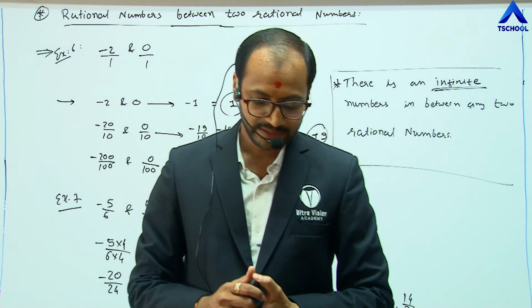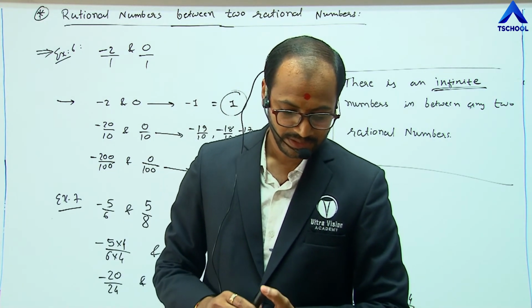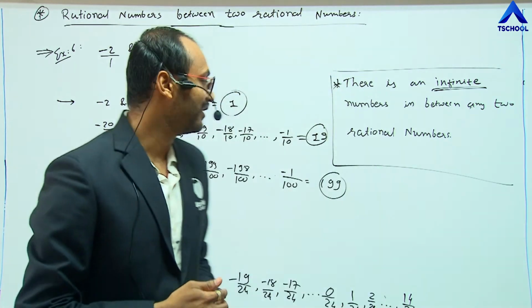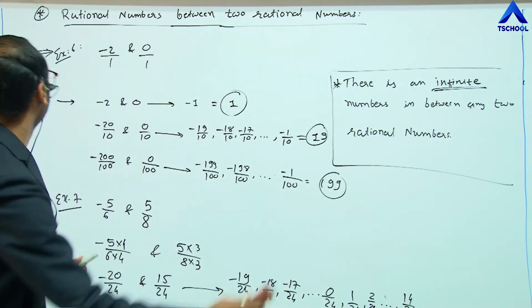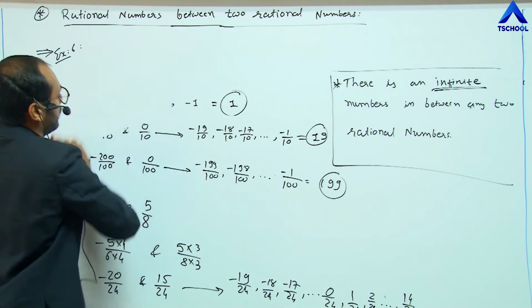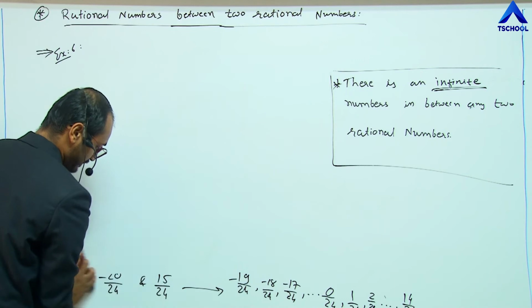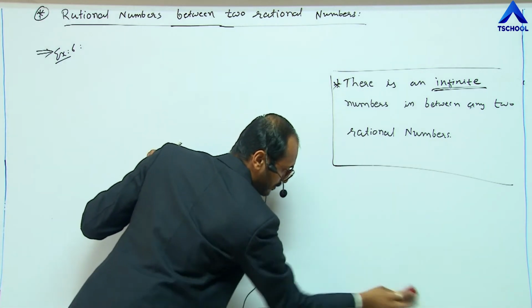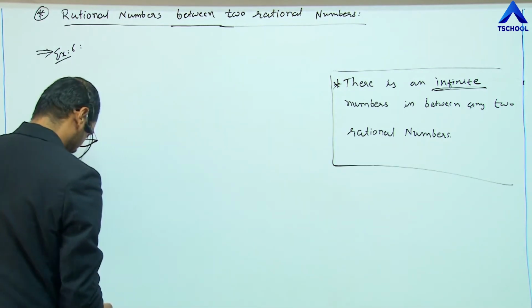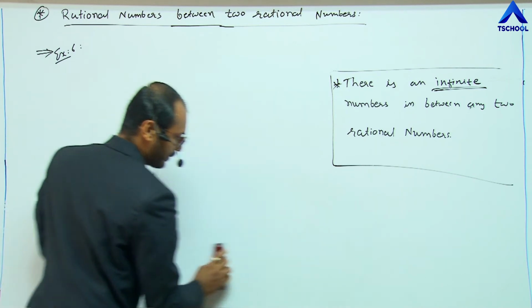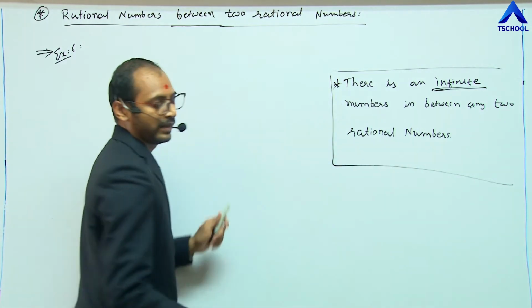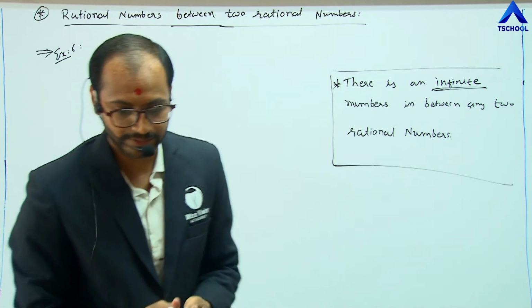Now let me explain another method to find the rational numbers between any two numbers, and that method is the mean value method.